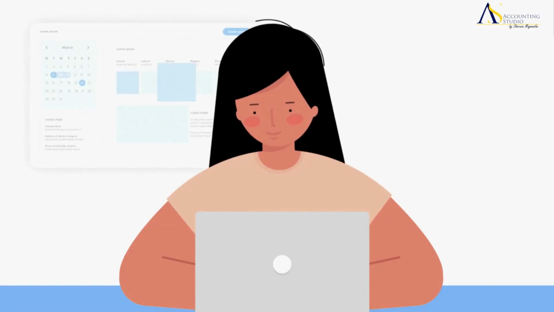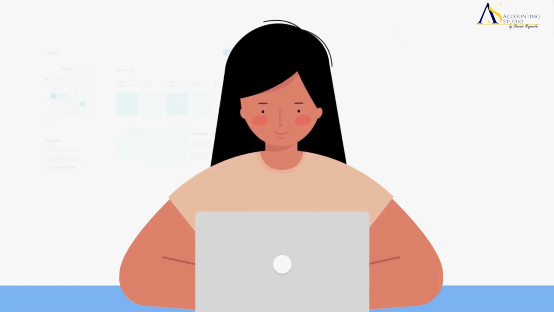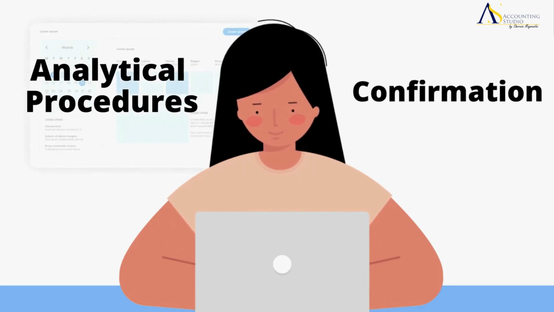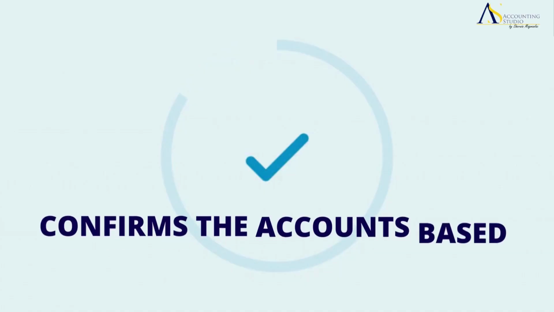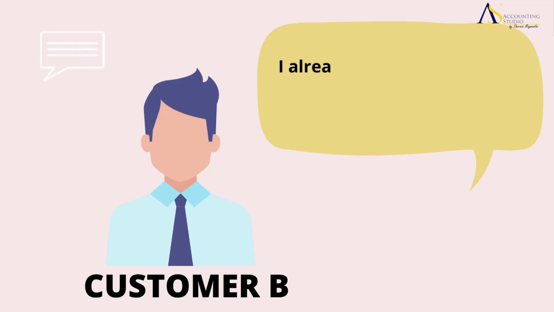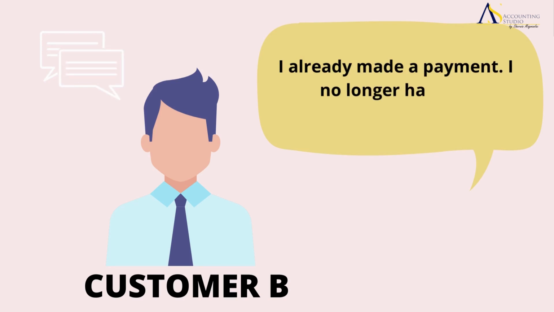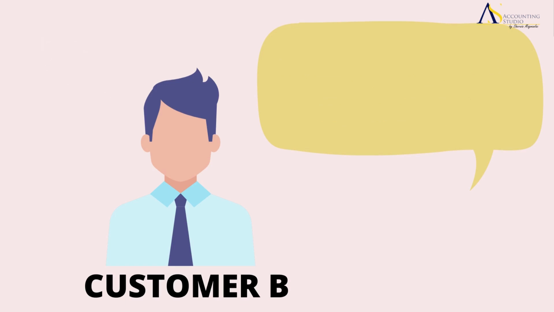Well, an auditor of the company may apply various audit procedures, which may include analytical procedures and confirmation using proper sampling techniques. For example, if the auditor confirms the accounts based on the record, then customer B will dispute that he had already made a payment and must no longer have any obligation to pay the company. This leads to detection of lapping.